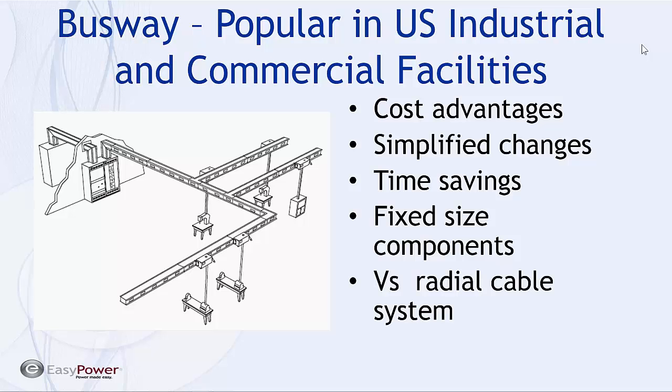These advantages fall primarily into the area of manpower because you can make changes relatively simply when the busways are mounted in the overhead and you need to move a piece of equipment or change the production line. It's relatively easy to disconnect a machine and move it somewhere else in the plant without having to move a lot of cables.